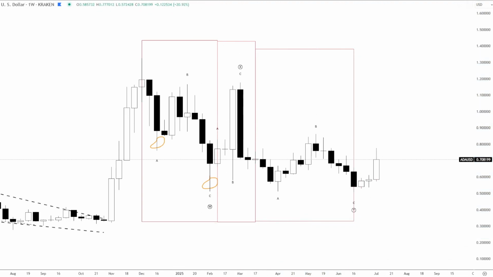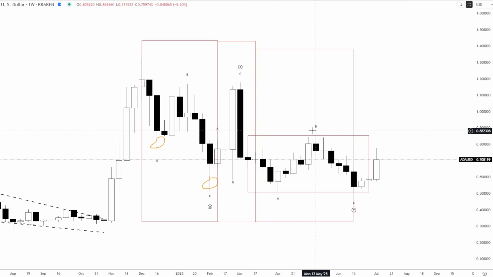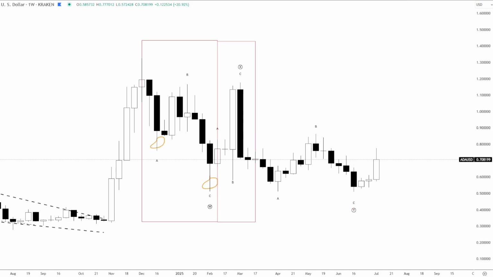I mean, we more or less moved within a range. It was just this, and people got bored out of the market. Maybe a final scare here in the end, and that's pretty much it.